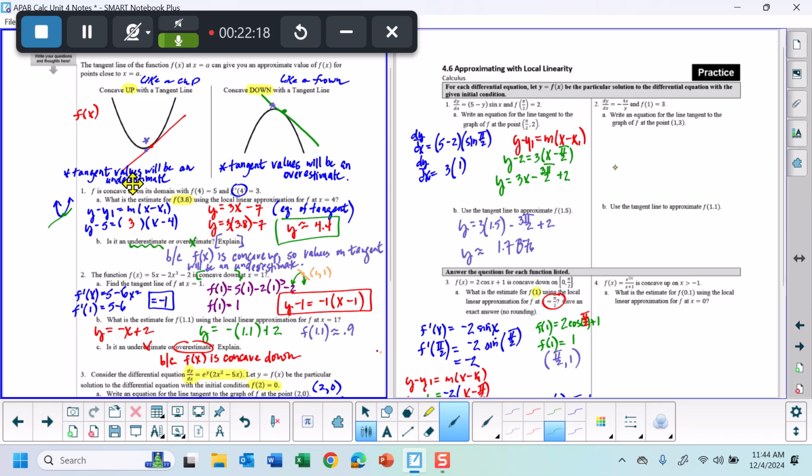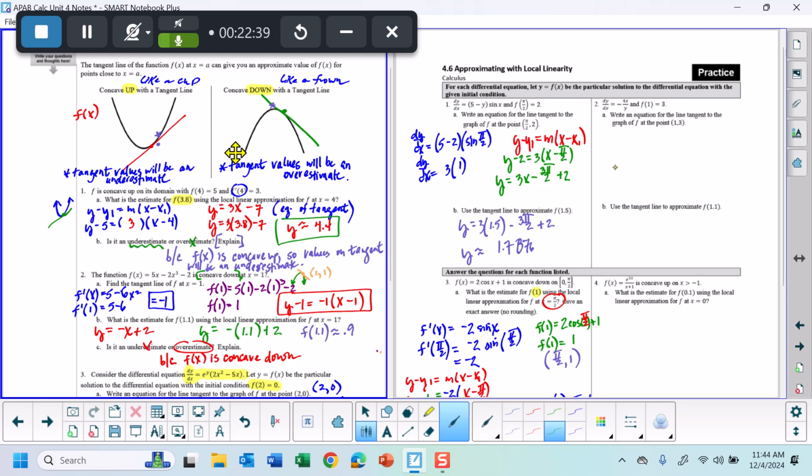So even if you just draw this picture, if I want to know what's happening on the curve super, super close to this point of tangency on either side of it, I could use that red tangent line to estimate a value that's pretty close.